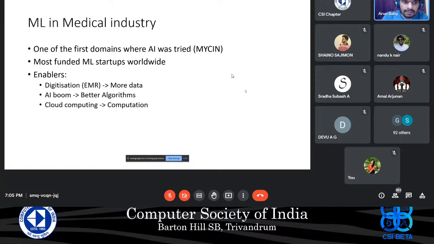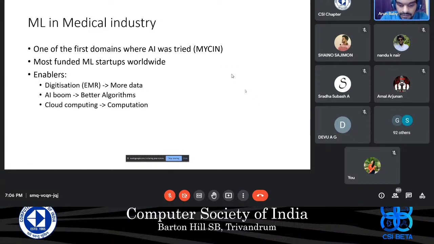Of course, this is true for a lot of other domains, but particularly in the medical industry, especially in developed countries, there was a lot of standardization and regulation requiring every healthcare personnel to document the patient data in digital format.